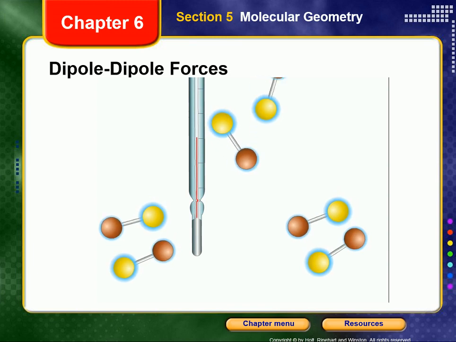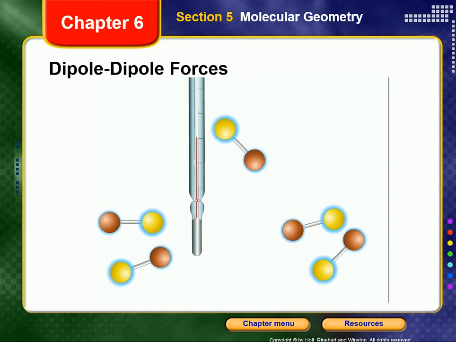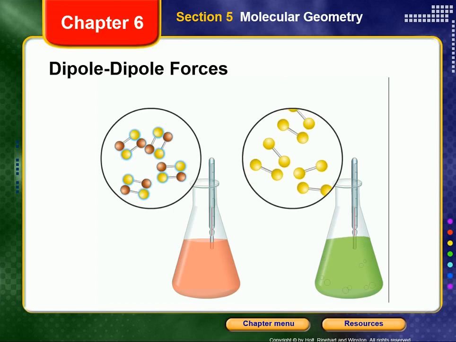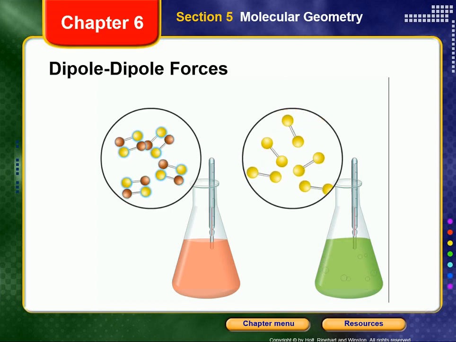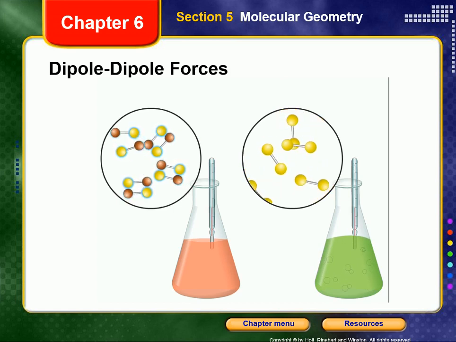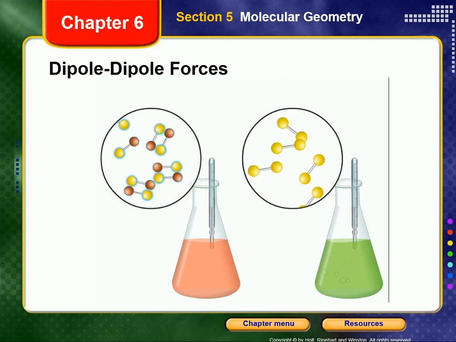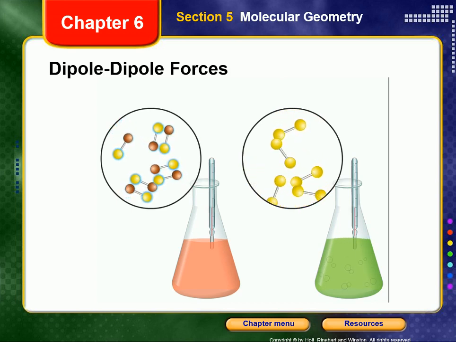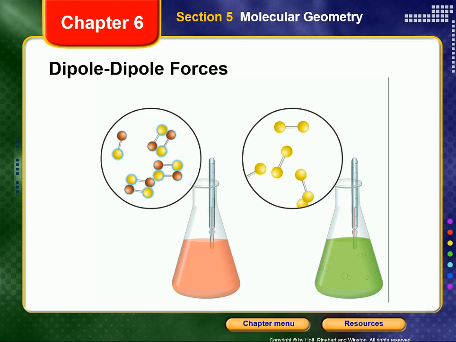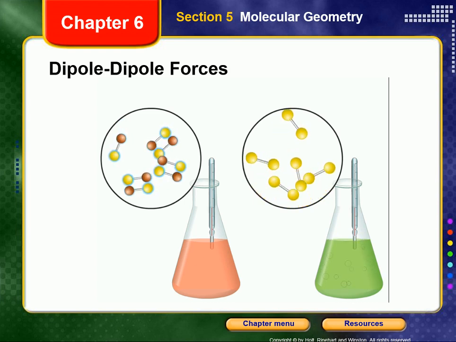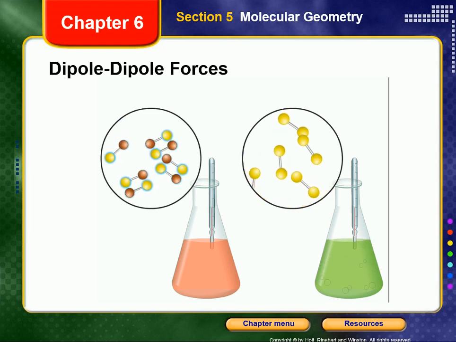Eventually, the bromine fluoride boils. Similar liquids without dipole-dipole interactions will boil at a much lower temperature. Molecular fluorine, for example, which is completely nonpolar, boils at negative 188 degrees Celsius. Without dipole-dipole interactions, the molecules can separate easily.